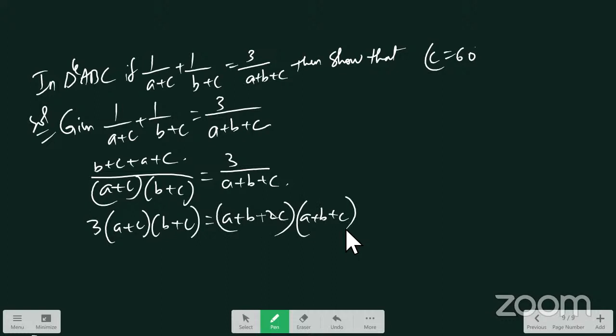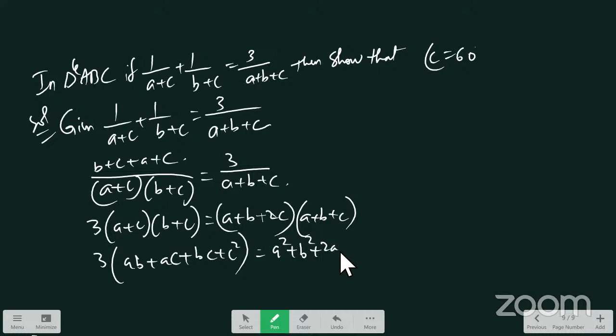That is nothing but, open the brackets and multiply: 3 times of (AB plus AC plus BC plus C square) is equal to A square plus B square plus 2AB plus 3AC plus 3BC plus 2C square.